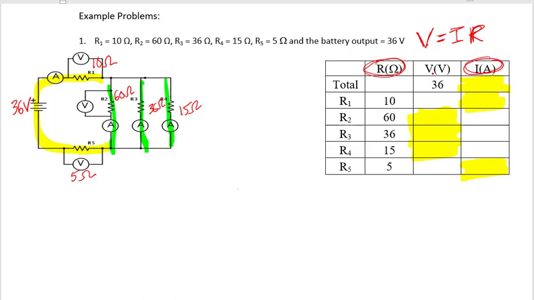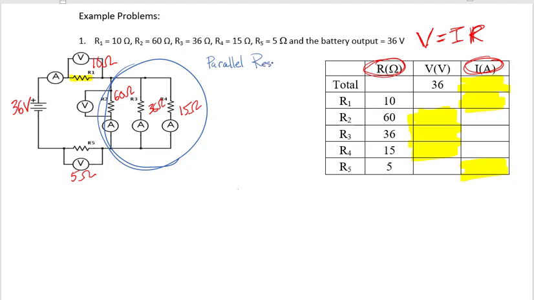The first thing we're going to do is figure out the equivalent resistance for the parallel portion. So we simplify the parallel portion by taking these parts right here and finding the parallel resistance.